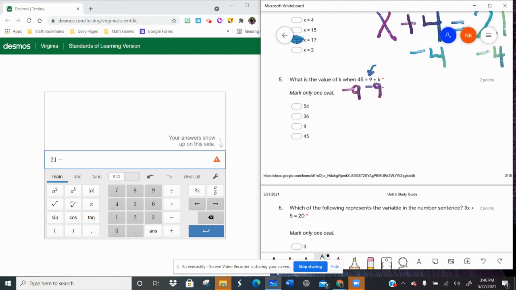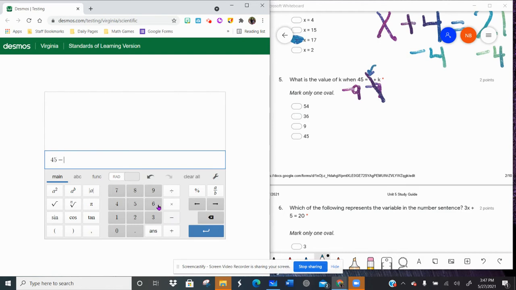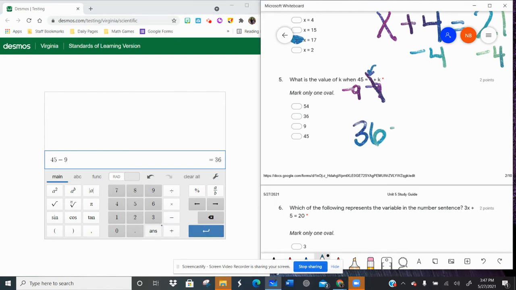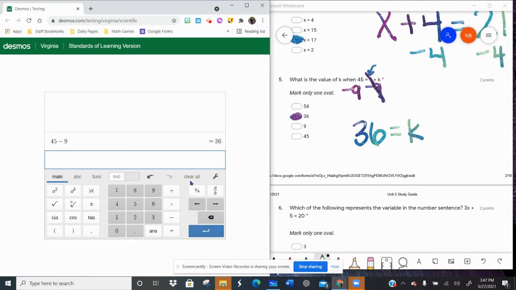So I subtract 9 from the right, and in my calculator, I do 45 minus 9, which gives me 36 equals, and then I drop that k down. So k is 36.